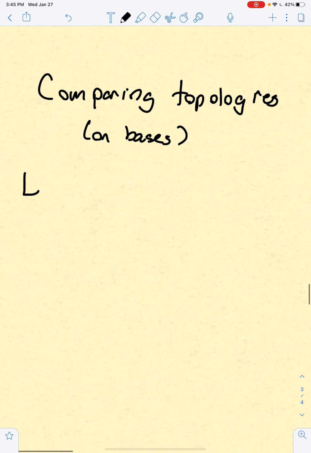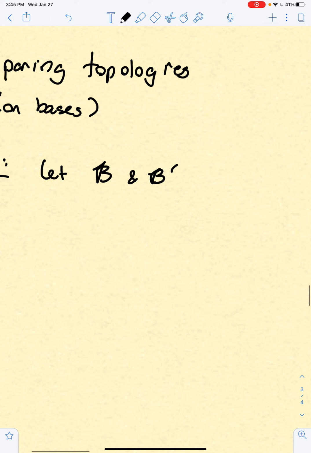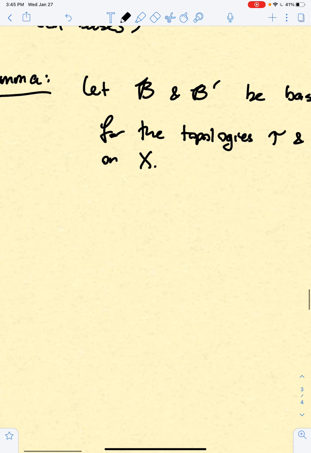So we have another lemma. Let B and B prime be bases for the topologies, say, tau and tau prime, respectively, on a set X. Then the following are equivalent, TFAE.